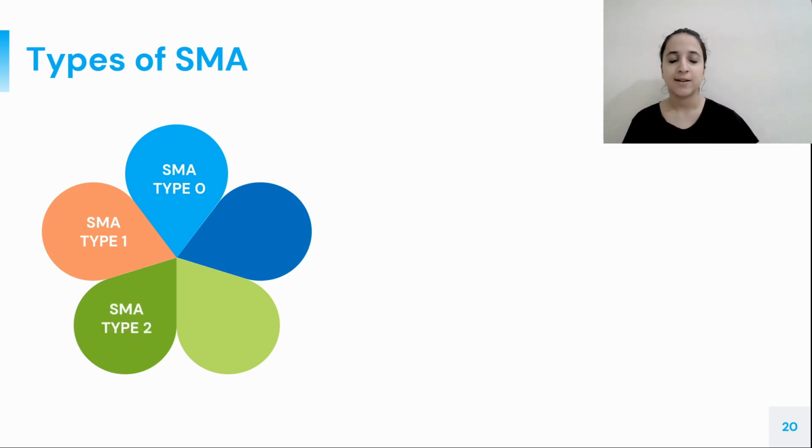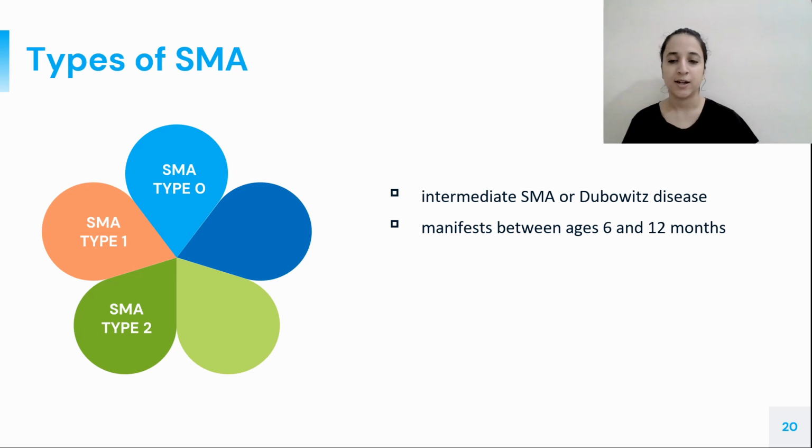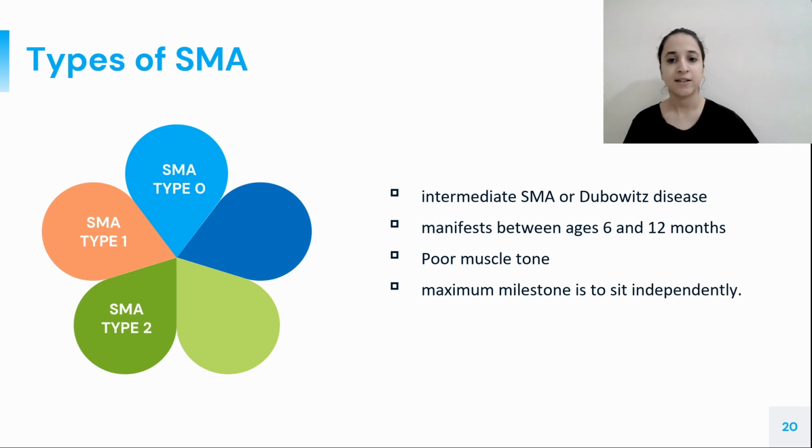The next type is SMA type 2. It is also called intermediate SMA or Dubowitz disease. It manifests between ages 6 and 12 months. It is characterized by poor muscle tone since birth. The maximum milestone is to sit independently, only with supportive care.